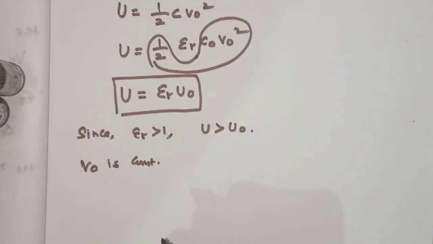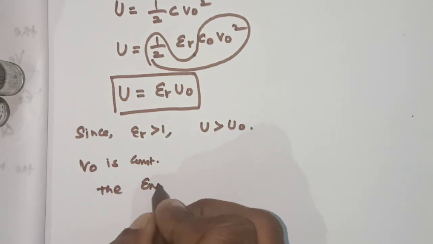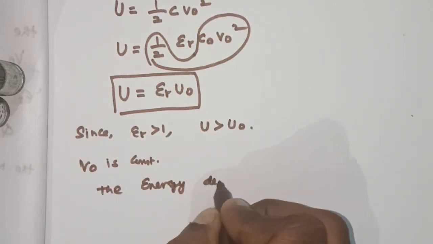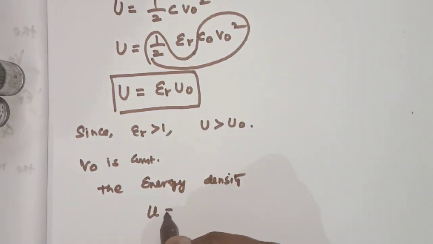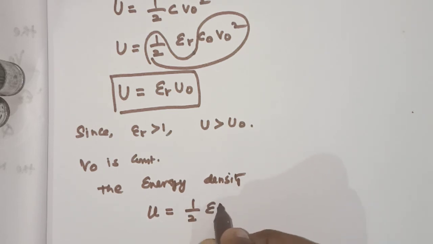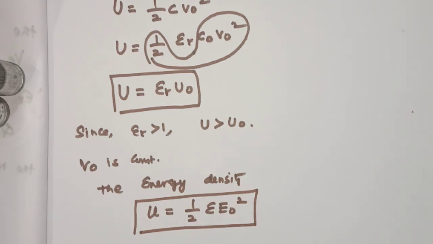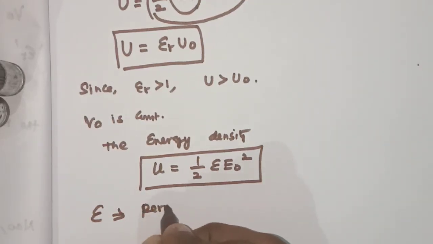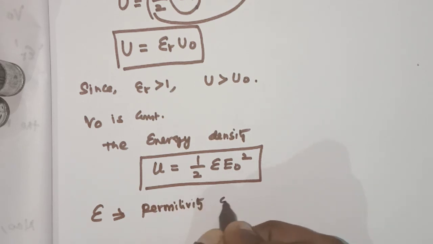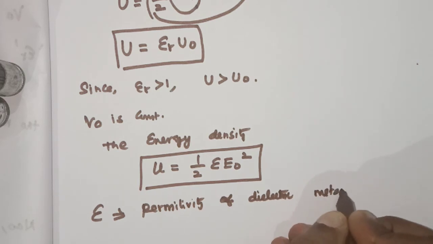Therefore, the energy density we can write U equal to half epsilon E naught square, where epsilon is permittivity of dielectric material.